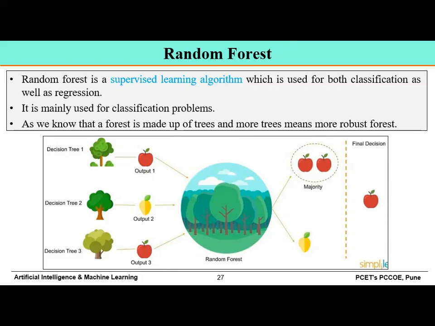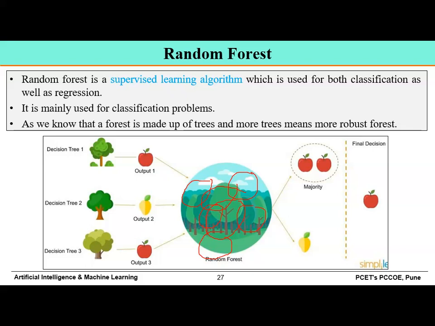So in order to increase the accuracy, what will you do? You will go on increasing the number of samples. So first, second, third, fourth, fifth, let's say sixth, seventh. Now, what you are observing, as we go on increasing the number of samples, it is covering a major portion of the forest. Yes or no?